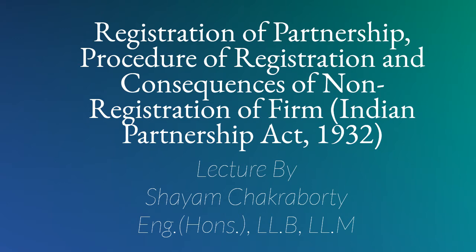Now let me make it clear by citing one example. Suppose a partnership firm was formed by A, B, C, D, E, F. So they are the partners. They formed the partnership firm, and the firm did a financial transaction with T, the third party.